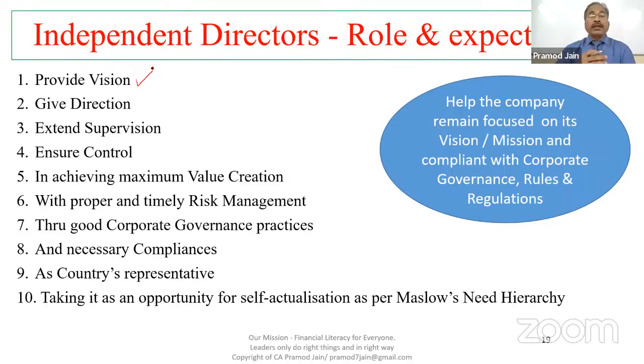So, as part of the board of directors of that company, the role and responsibilities and the expectations which are there from the board of the company are also equally applicable to you as an independent director. So, as the board and as part of the board, the one role expectation is provide vision. Number two, give direction to the organization. Number three, extend supervision. Number four, ensure control.